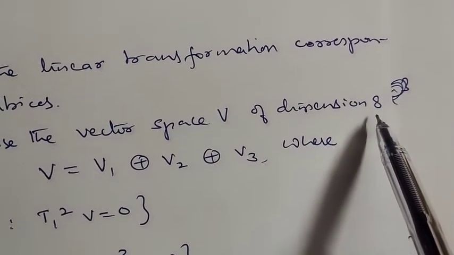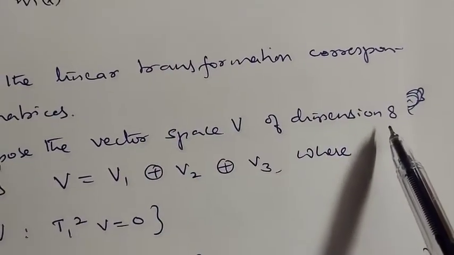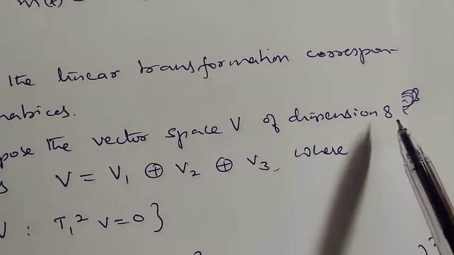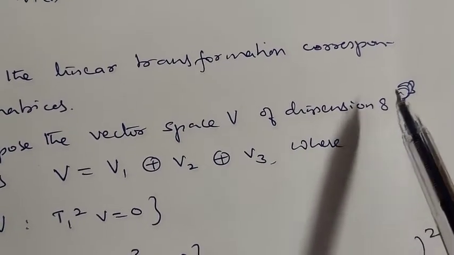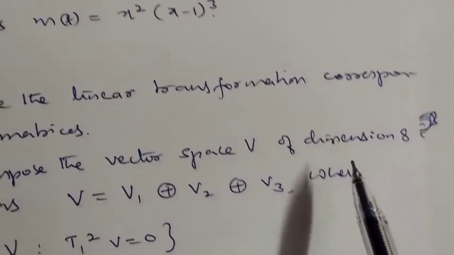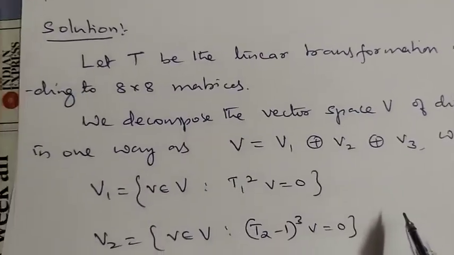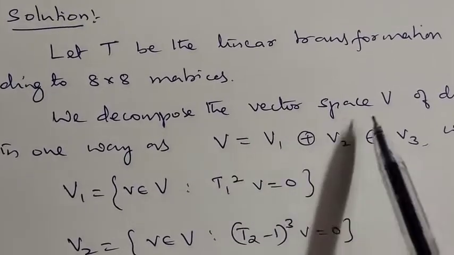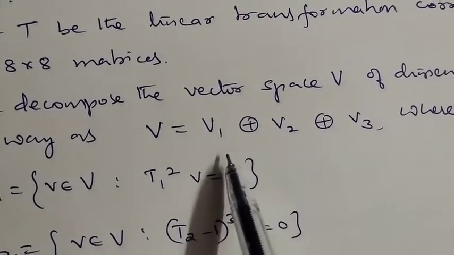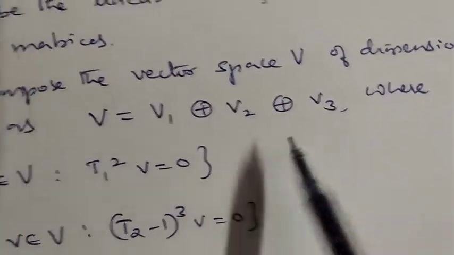I need 8 basis elements, T of V1, T of V2, etc., T of V8. Then only we get 8 equations in 8 unknowns, and then only we can get the matrix of order 8. They are interdependent. So now we decompose V in one way as V equals V1 plus V2 plus V3, where V1 is what?